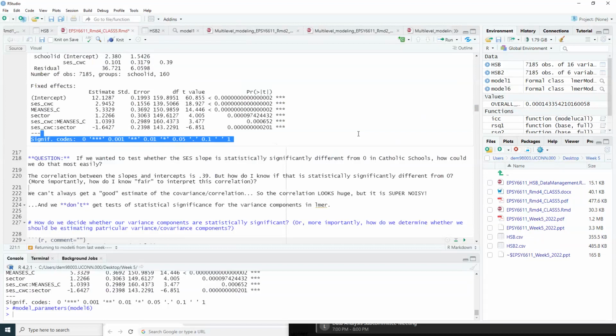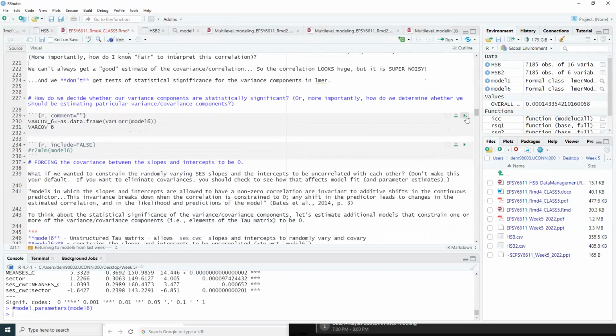So if we want to interpret that covariance, and I would argue that in organizational models we often don't care, but in longitudinal models we really do care, then we need to think about whether it's fair to interpret. Is it statistically significant?